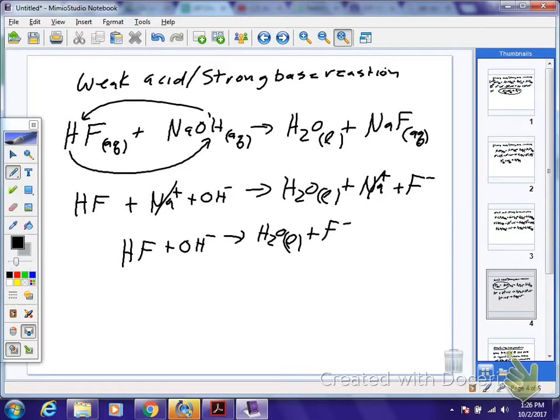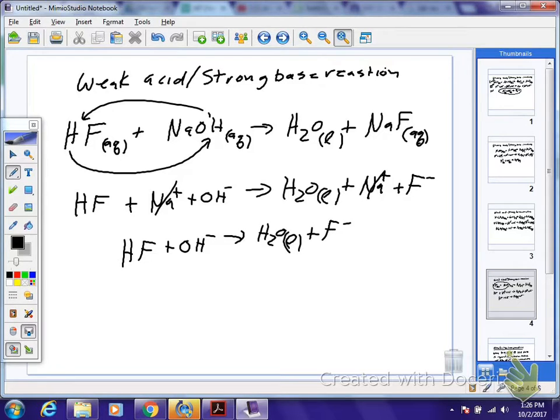We just write it on the right side because if they would go together, they would go together that way. But when you look at them in the solution, they're separate and floating around, separate of one another. That's why this is a lot more important than the top one, because we're getting rid of those ions. They're not involved.